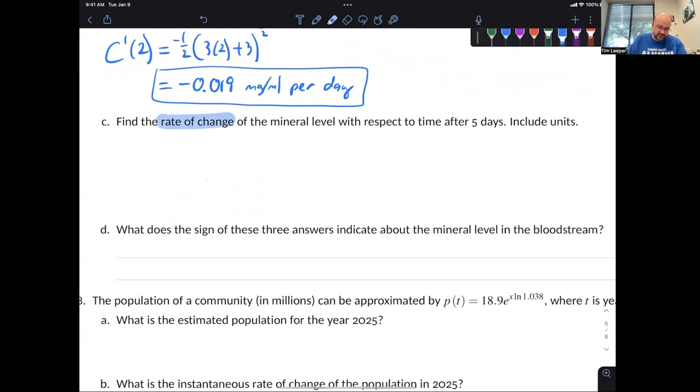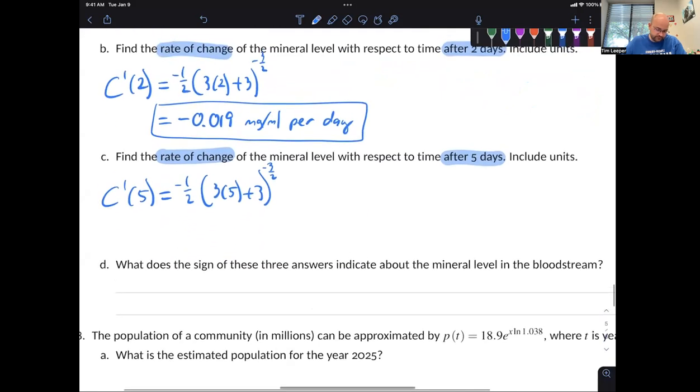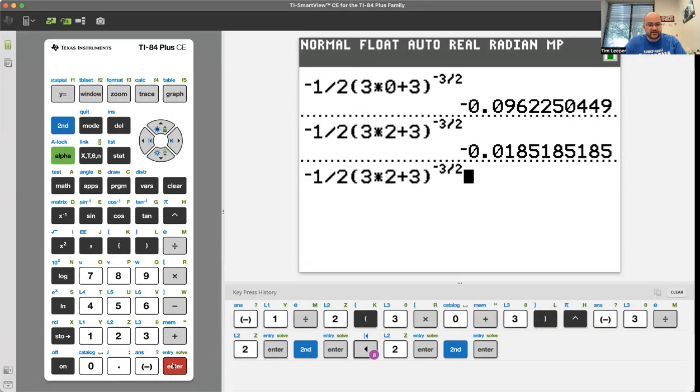Same thing, rate of change after 5 days. So here I just want to find C prime of 5. So it's negative 1/2, (3 times 5 plus 3), to the negative 3/2 power. And so let's go type all this in. And again, I'm just going to do second enter, and then replace that 2 with a 5.